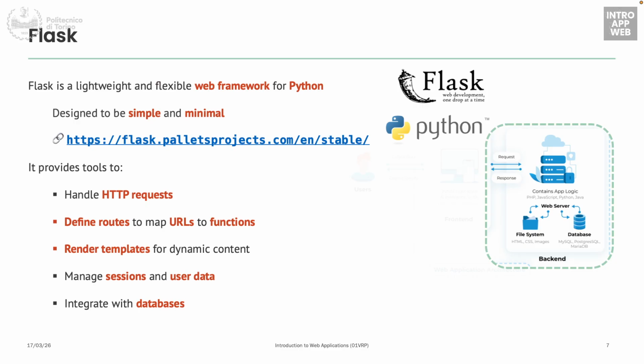To render the templates for dynamic content. What do you think dynamic content means in this case? Up to now, are we doing something dynamic in the HTML pages we are building? No, because they are always static. Every time we open the HTML, we see the same content in there.